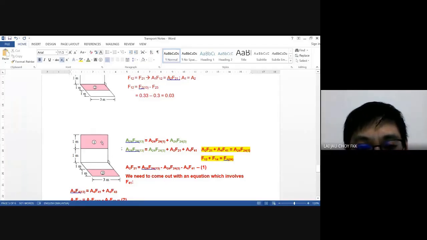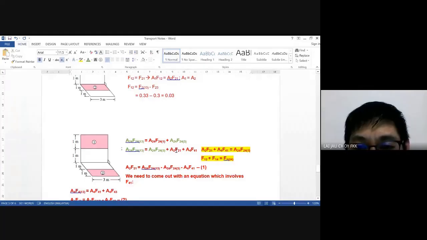And in this case, the good news is F12 equals F21 because surface 1 and surface 2 have the same shape and same surface area. So in this case, A2 F21 can be used. That is what we want to find.